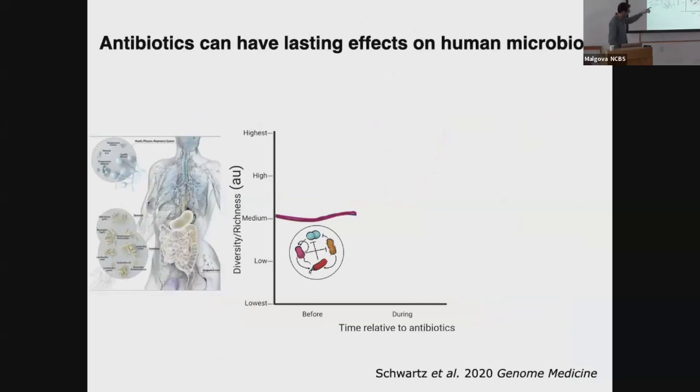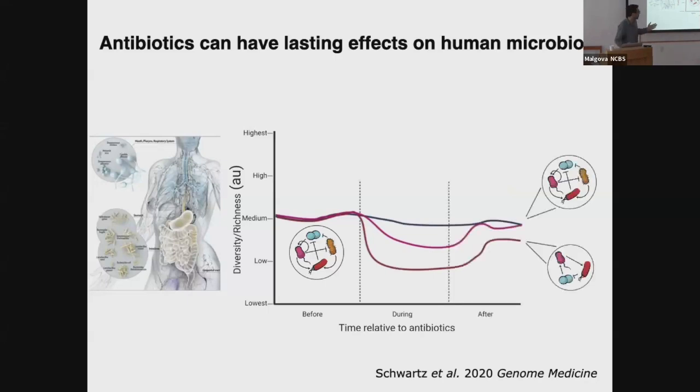This community that we have in the gut usually has a moderate to high diversity. And when we expose it to an antibiotic, during the treatment, some of these bacteria can suffer and can die. Then this diversity, which means how many species we have in the system, can go down.